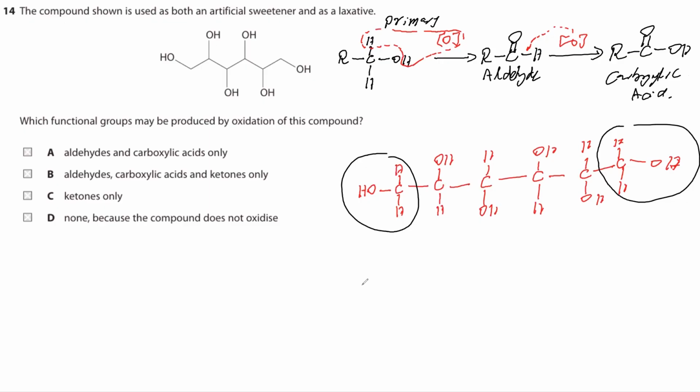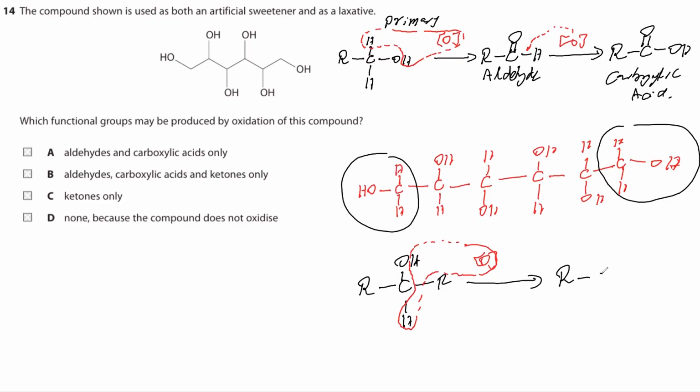If you go for secondary alcohol, it is this one. COH, there are two R groups there. For secondary alcohol, when you add the oxidizing agent, two hydrogen atoms go from here, forming a water molecule, and you will get a ketone.